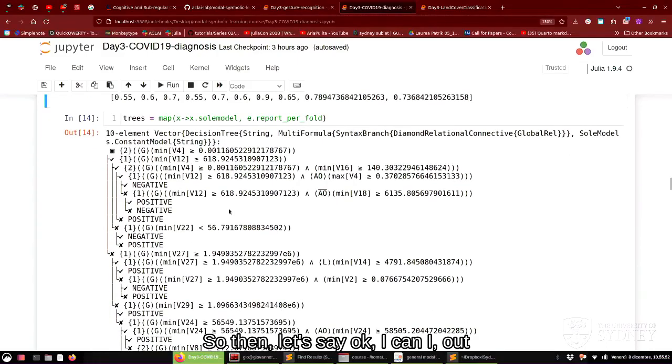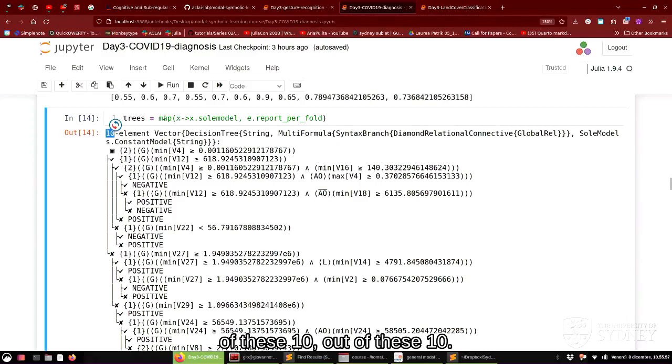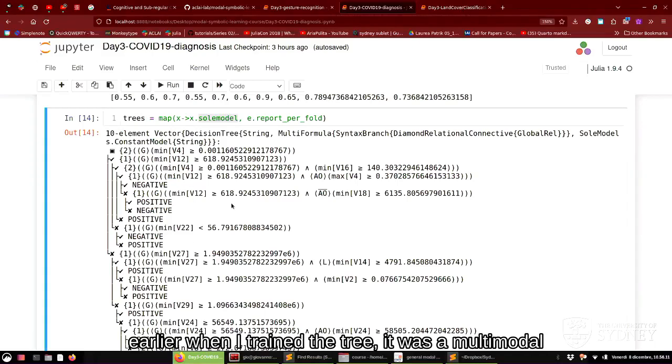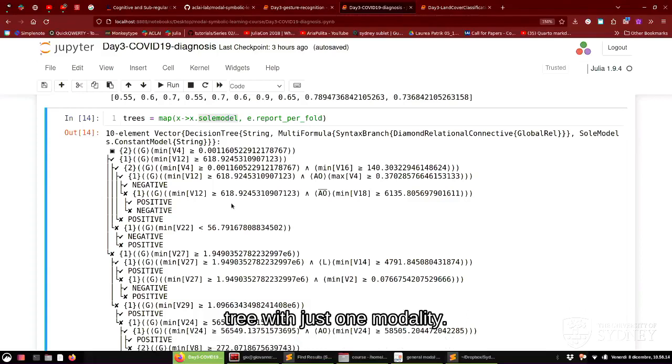Out of these 10, I can look at the models that were trained, and you see that I found a way of hiding it earlier because we didn't know what modalities were. Earlier when I trained a tree, it was a multimodal tree with just one modality.